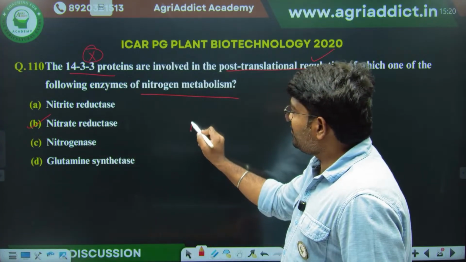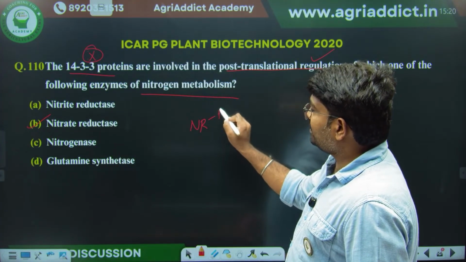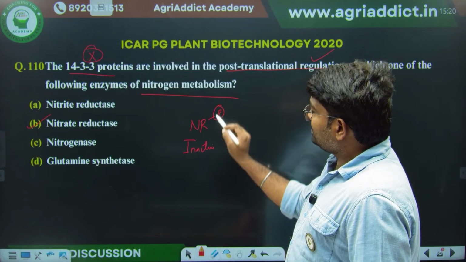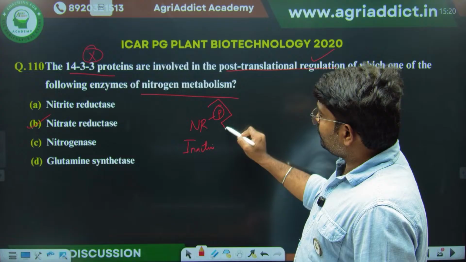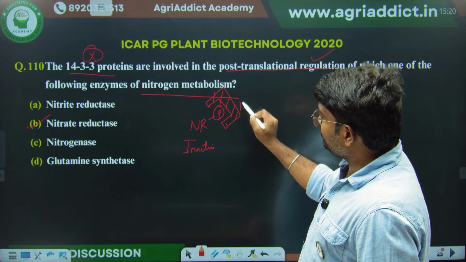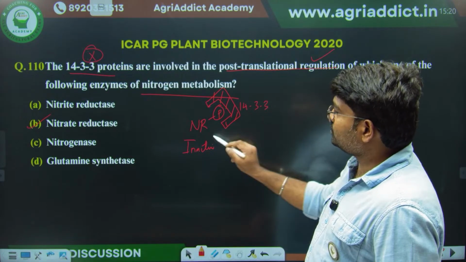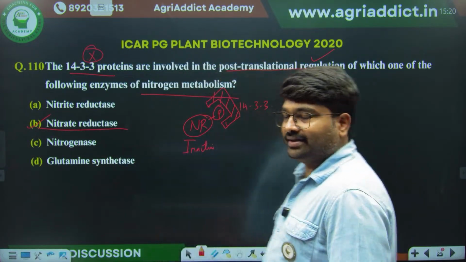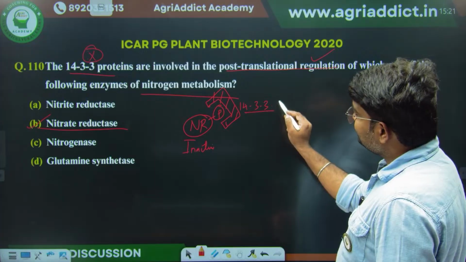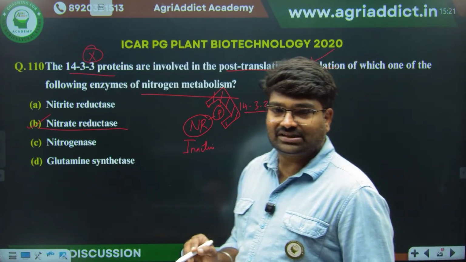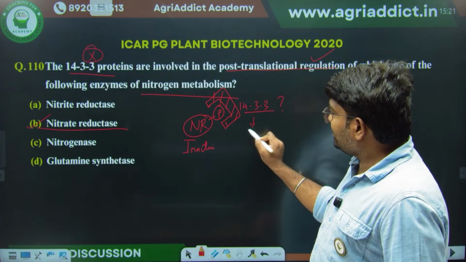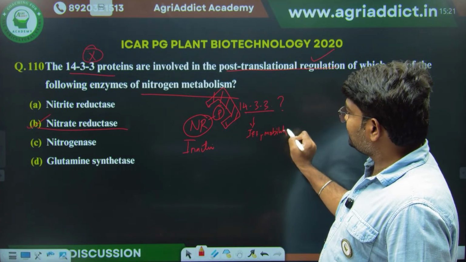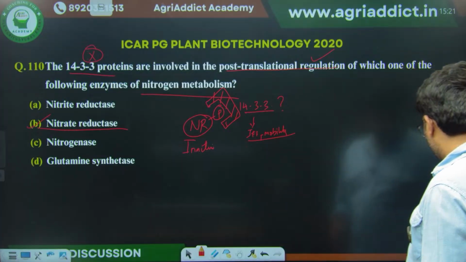If NR is phosphorylated, it will become inactive. Then the 14-3-3 proteins will come and bind. So nitrate reductase will be regulated by 14-3-3 proteins. Why this name, 14-3-3? Based on isoelectric focusing and mobility of the protein, they have given this name.